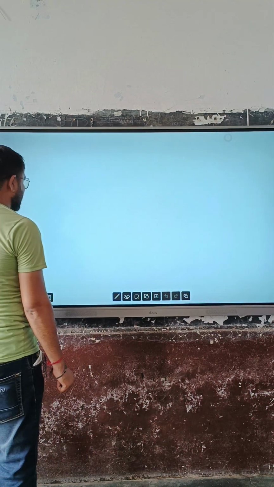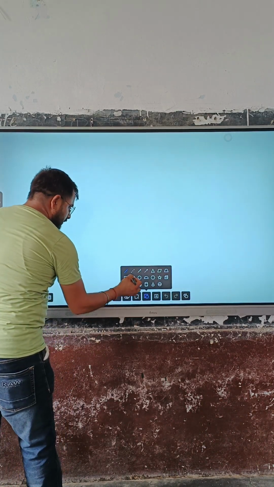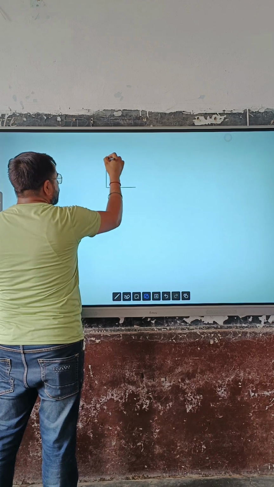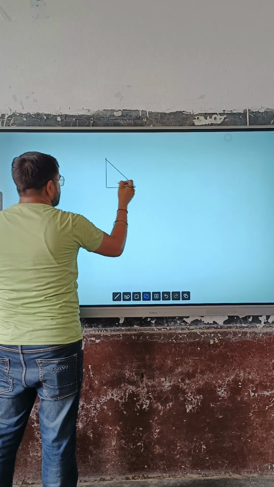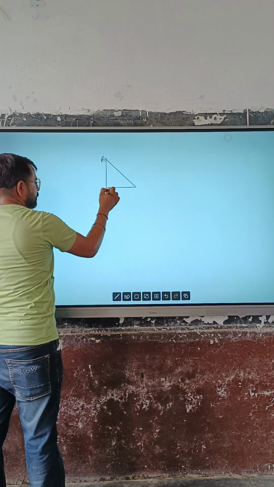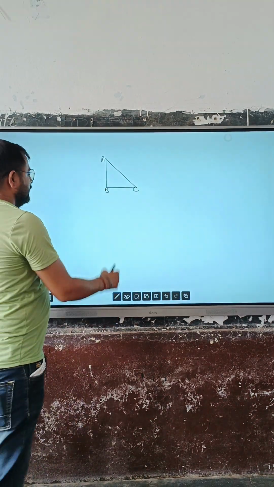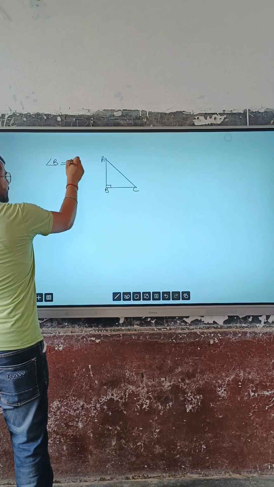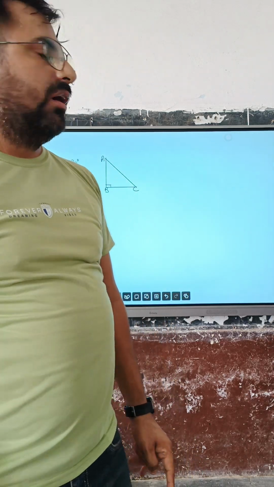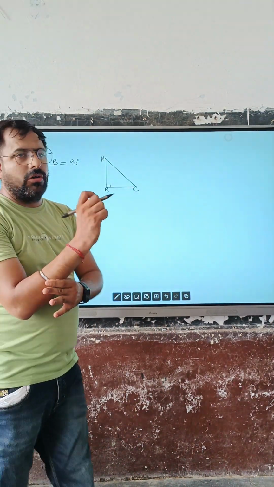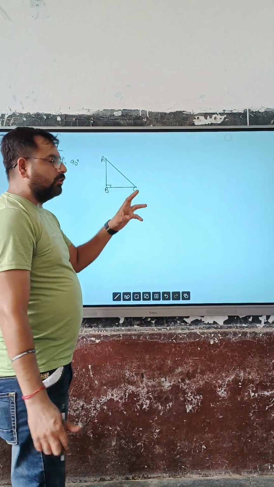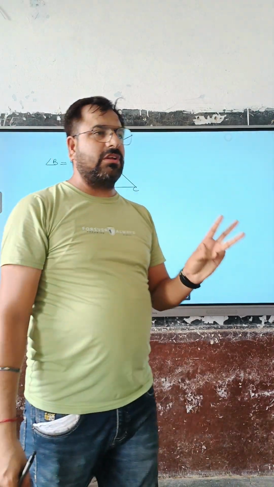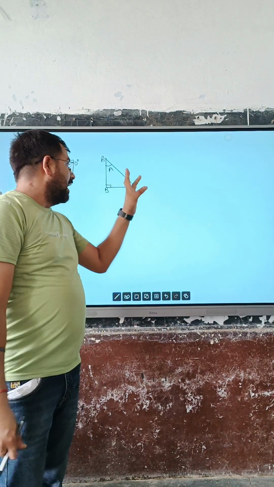Whenever we take a right angle triangle, that is ABC, the angle of 90 degree is at B. Angle B is 90 degree, and we are finding all the trigonometry ratios for the sides according to angle A. Firstly we have to identify which one is the perpendicular, which one is the base and which one is the hypotenuse according to angle A.